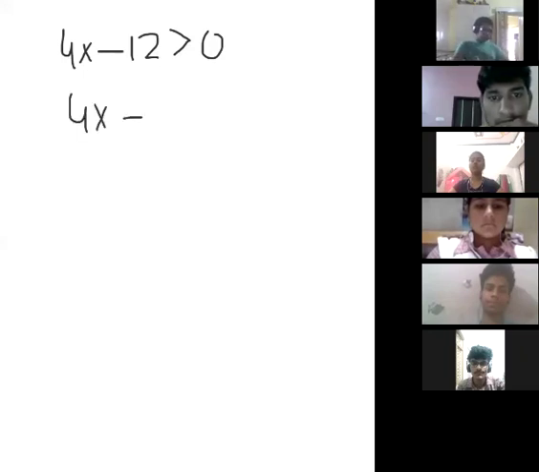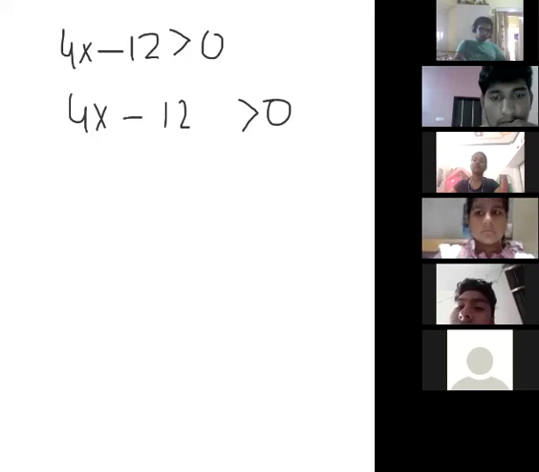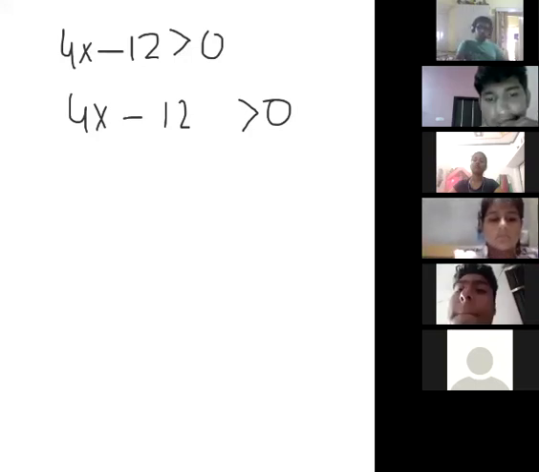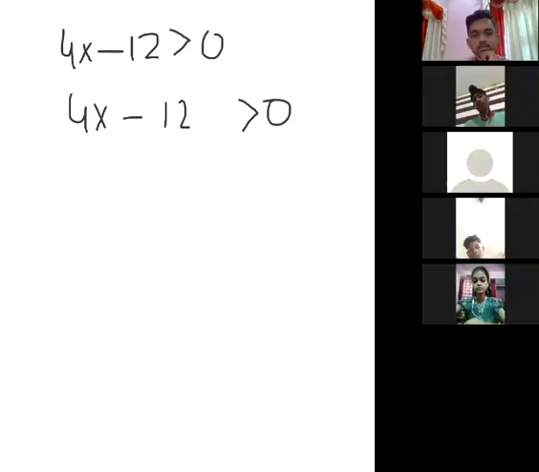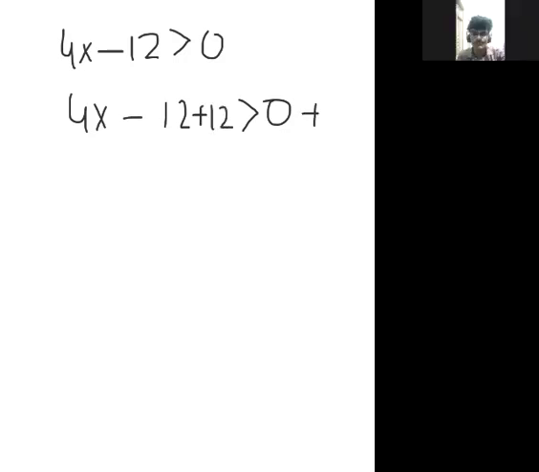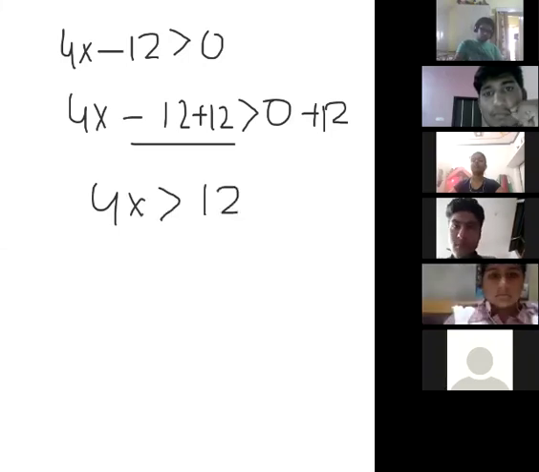One thing you must keep in mind, we cannot take directly the left hand side to the right hand side. So what we need to do is add 12 on both sides. So minus 12 and plus 12 will get cancelled. So 4x will be greater than 12.